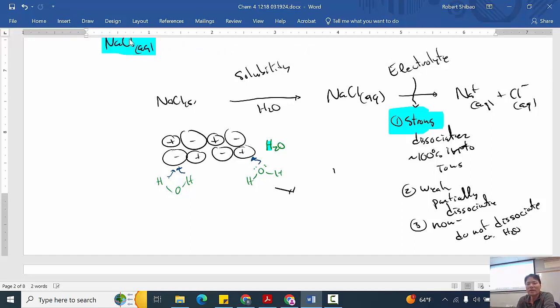And so let's say the sodium ion breaks off. What's going to happen is it's now going to be surrounded by water molecules. The water molecules are going to help stabilize the charge, because when we have an imbalance of charge, static electricity is generated, which can result in a shock. And so having a bunch of water molecules surrounding this will help stabilize it.